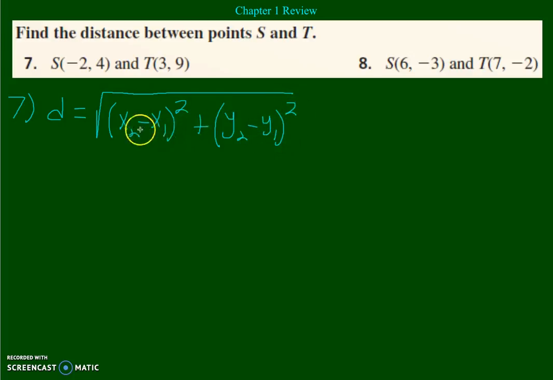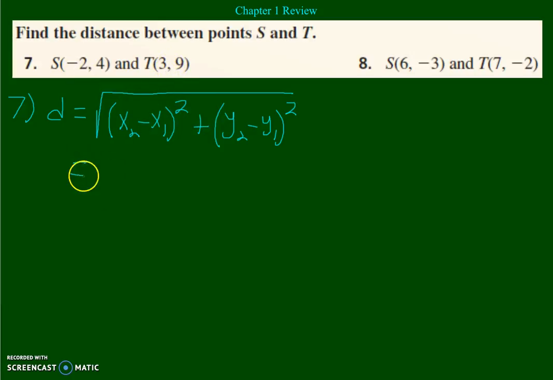Now, it doesn't really matter which point you pick as point 1 and point 2. It really makes no difference because we're squaring them and the signs are all going to work out okay. So let's just call this 1 and this 2.